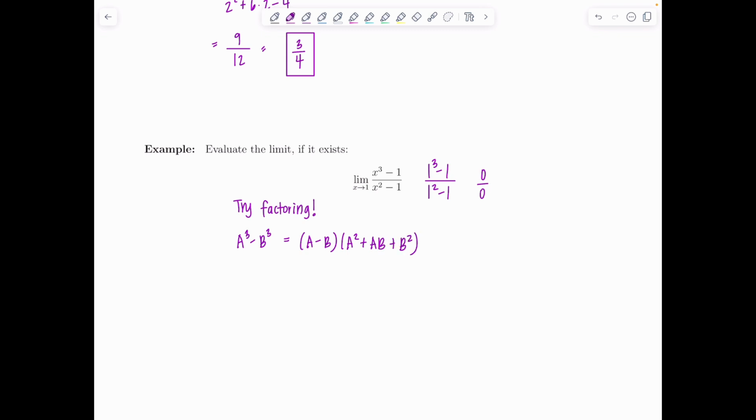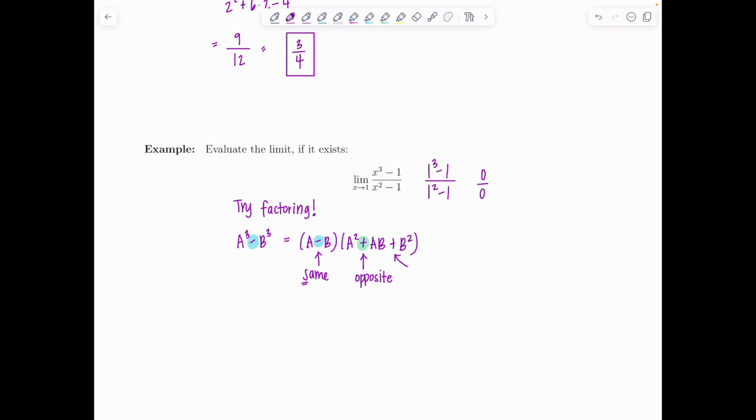And I use the acronym SOAP to remind me of the signs. So you always have the same sign as what's in the OG binomial that you're trying to factor. And then you have the opposite sign next. So if we started with a minus, now we have a plus.